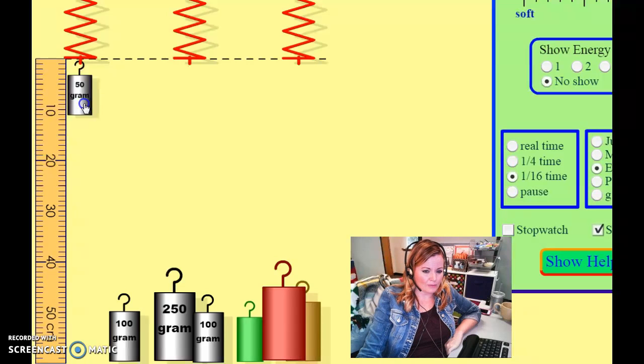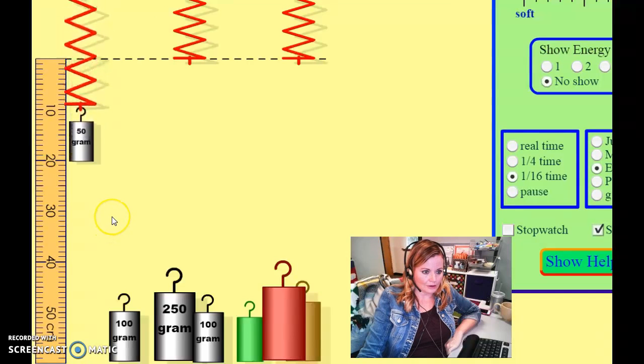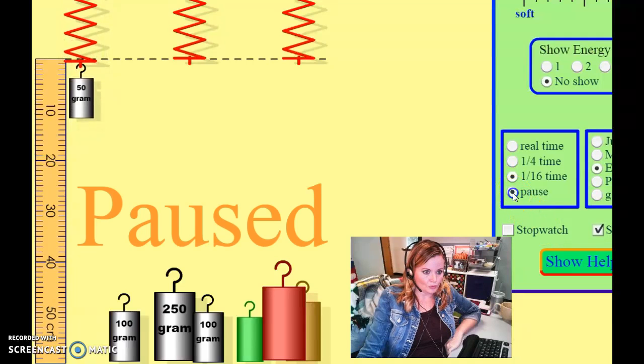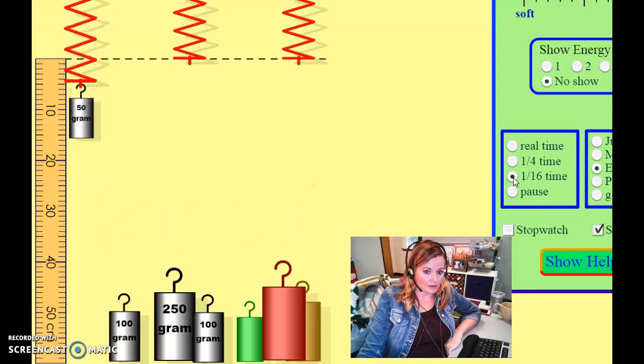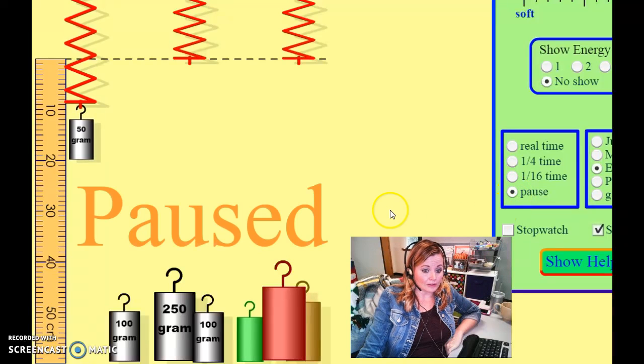So I'm going to let it go down, and it comes up to pretty much 0.5. And then the low point is about 9, right? So that sounds about right, 0.5 and 9.